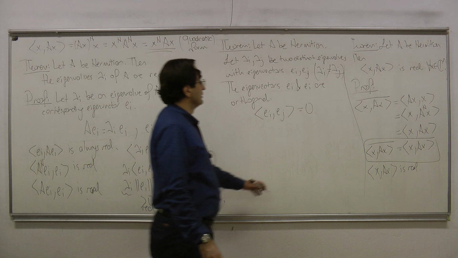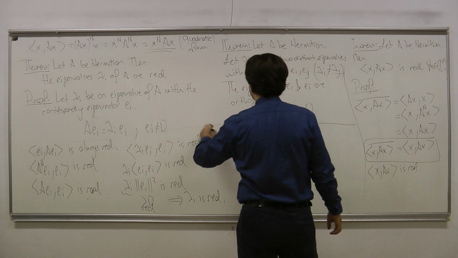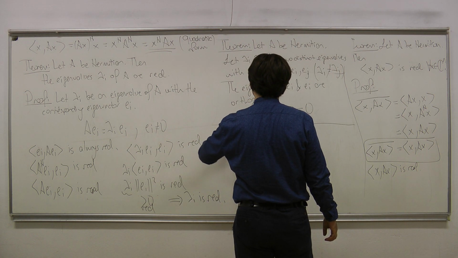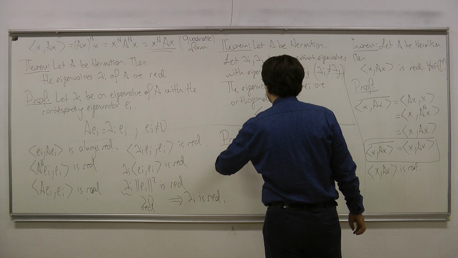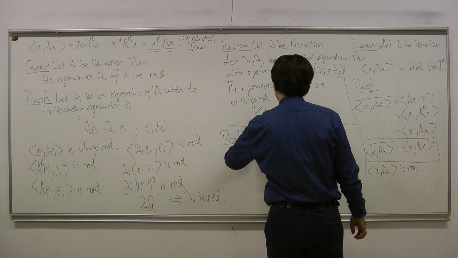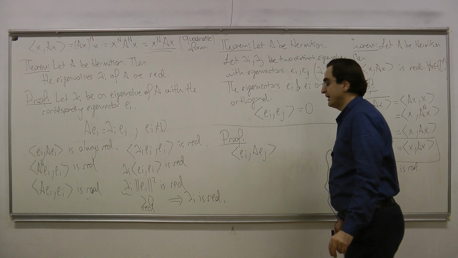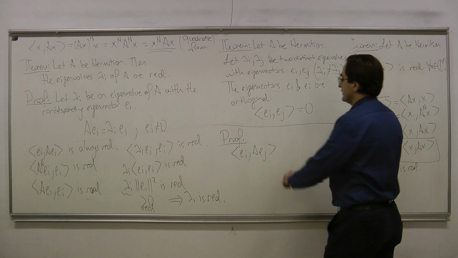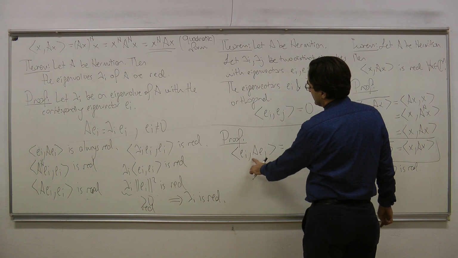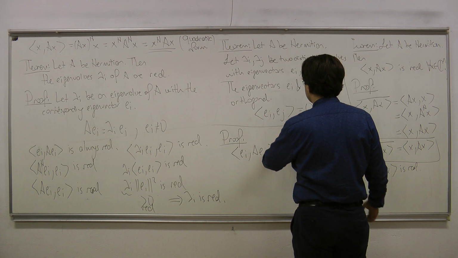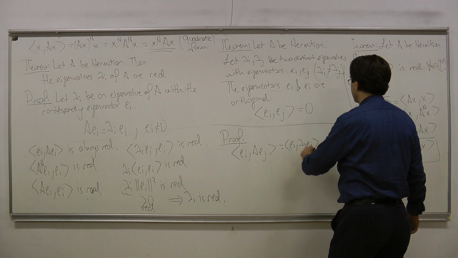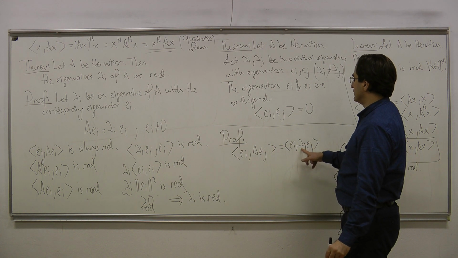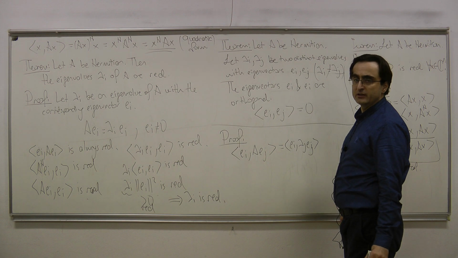So let us prove this eigenvector property. I will start with this inner product. I have EI, AEJ. A times EJ is lambda J times EJ, so EI, lambda J times EJ. I can take this scalar multiplication outside the inner product.